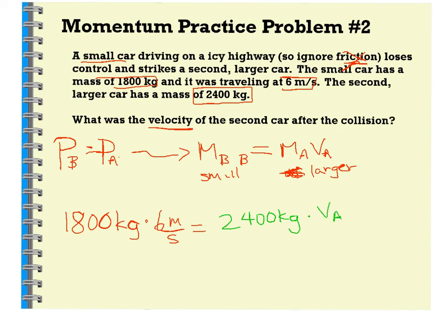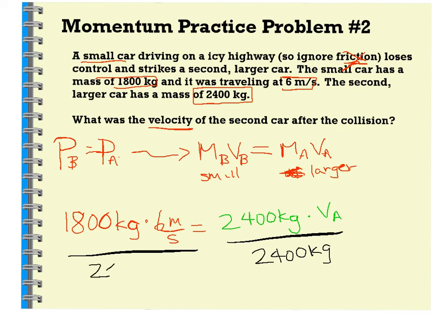Our goal is to solve for velocity after. So what we can do is divide both sides by 2,400 kilograms. We have to make sure that we include the units there, because now we can cancel.